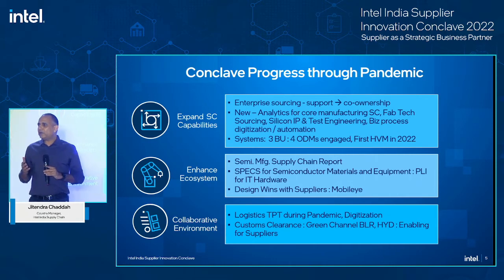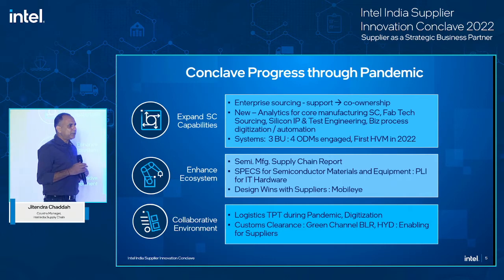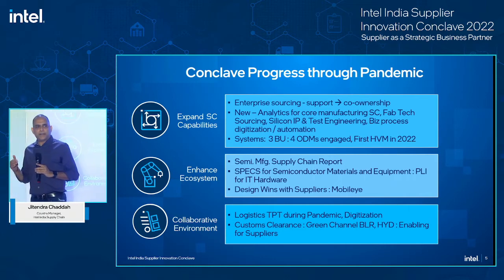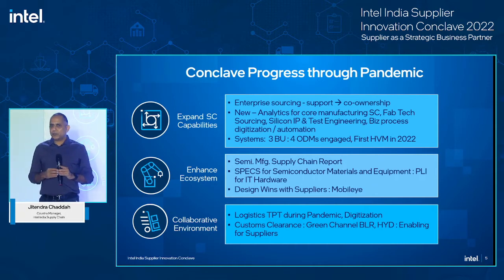The second one was, what can we do from the ecosystem perspective? How can we develop a very solid semiconductor supply chain ecosystem from India? You will see after an hour or so, we will be publishing a report that we have done, which all of you guys have supported. ISA has front-ended it.